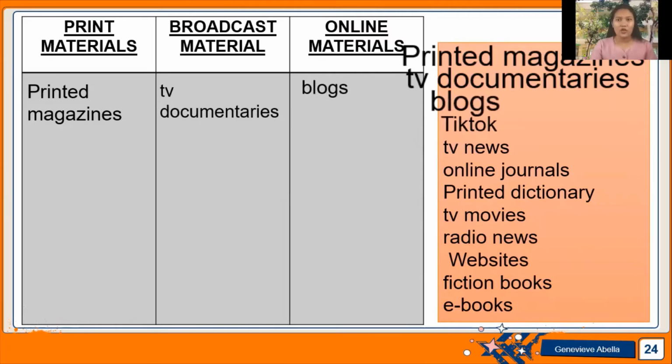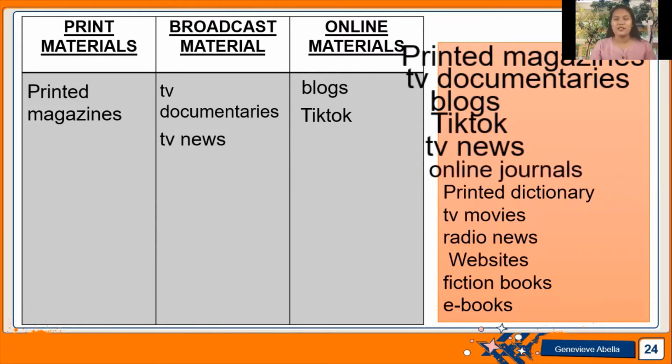How about TikTok, the one that you do every day? Very good. It belongs to online materials. How about the TV news? That's right. It belongs to the broadcast materials. How about the online journals? Okay, from the word online, it belongs to online materials.